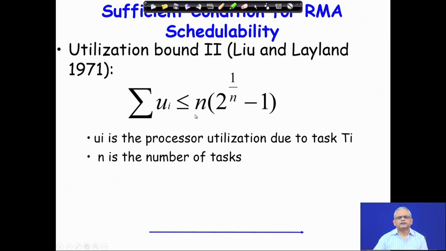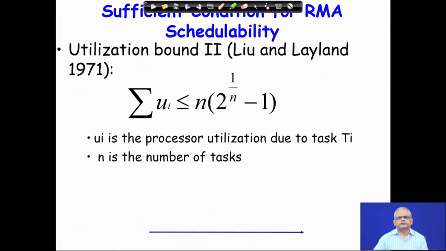So, if there are 10 tasks, then 10 into 2 to the power 1 by 10 minus 1, the sum of utilization due to the tasks should be less than that.